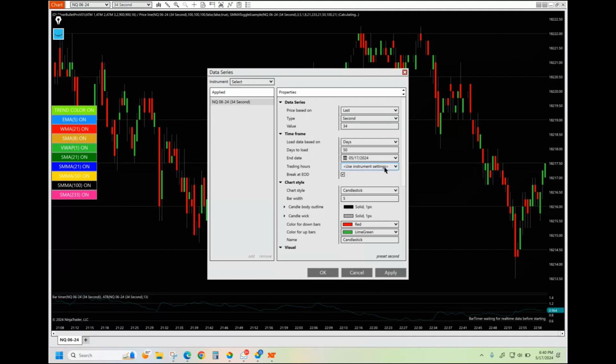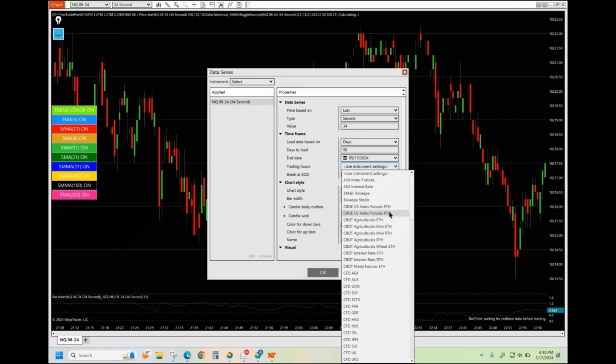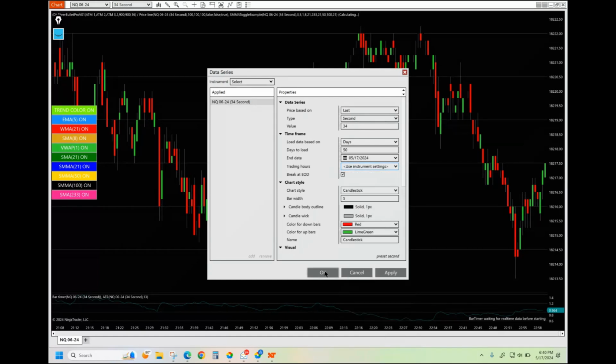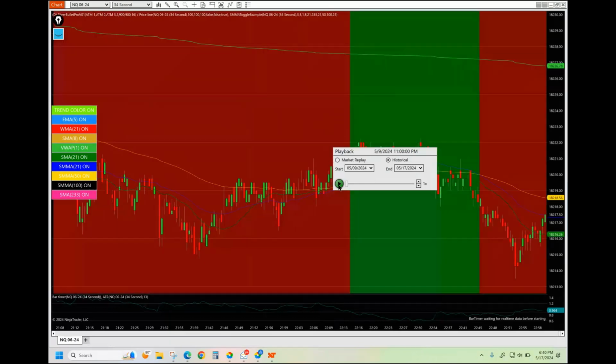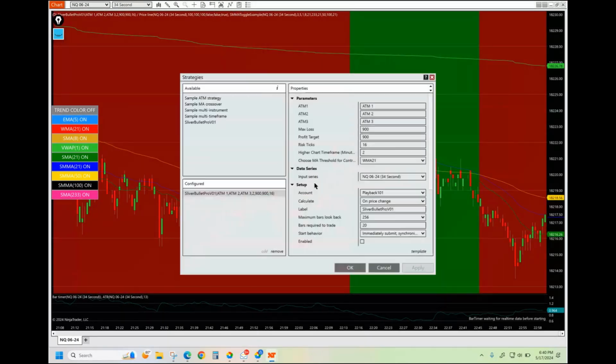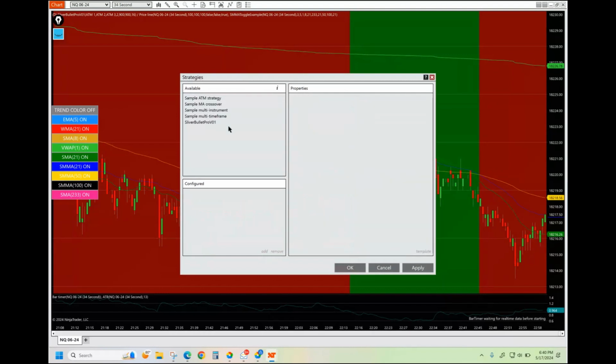So sometimes if you're not seeing the data and nothing is happening, most likely the trading hours selected is in RTH mode. That's something to keep in mind. And I just select the full 23 hours default, and I load the software again.